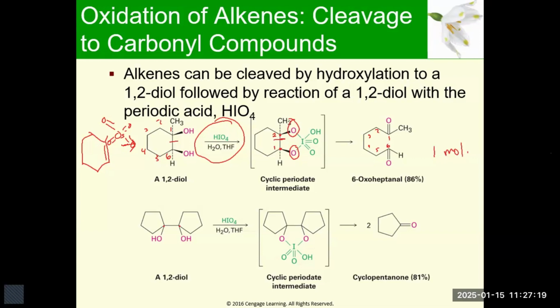And since it's only by there, when this cleaves, they're completely separated. And so this and this become carbonyl groups, if you will. This hydrogen's gone. Of course, your bond angles have to be corrected, but you get 2 of these.